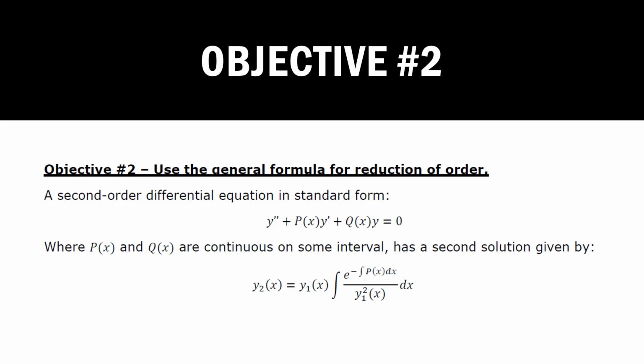So a second order differential equation in standard form, so that's y double prime plus p of x times y prime plus q of x times y equals 0, where p of x and q of x are continuous on some interval, has a second solution given by y sub 2 of x equals y sub 1 of x times the integral of e to the power negative integral of p of x dx divided by y sub 1 squared of x dx. Okay, so we're going to use this integral times y sub 1 of x to get our second solution. So this is the second method for finding the reduction of order.